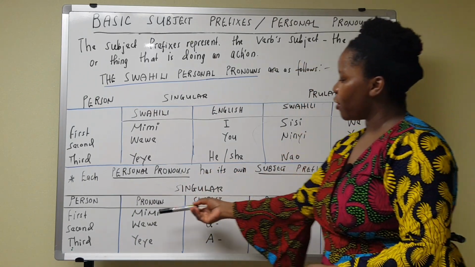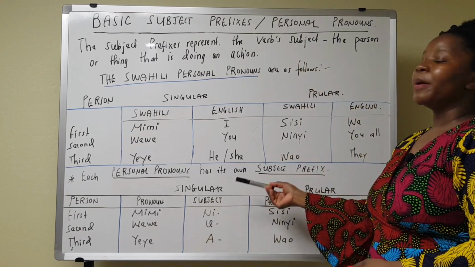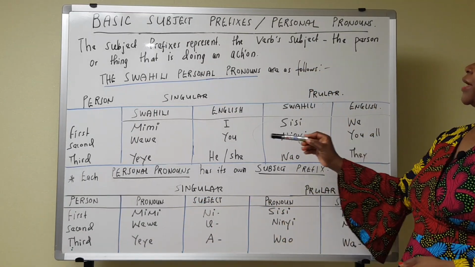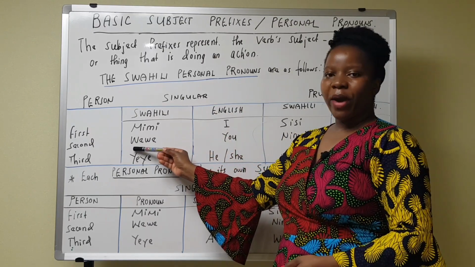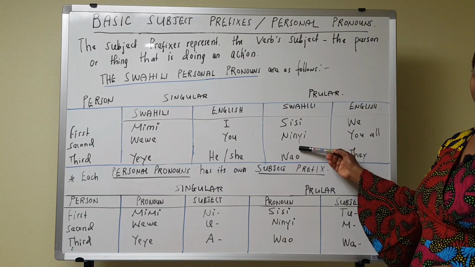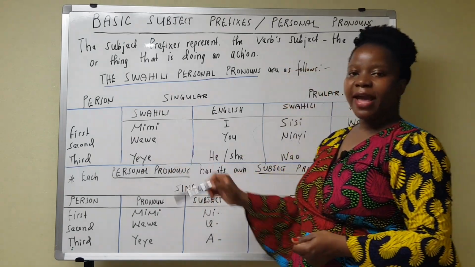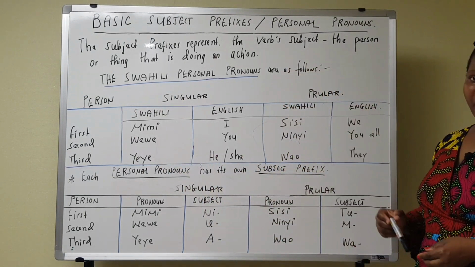The plural form of Mimi is Sisi, the plural form of Wewe is Ninyi, and the plural form of Yeye is Wao.